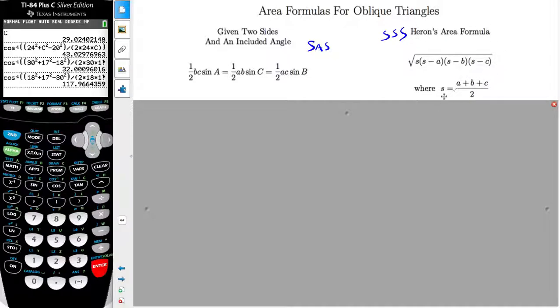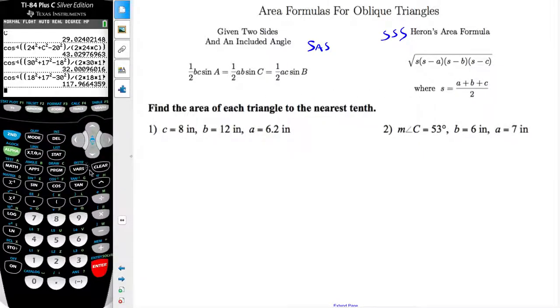Notice Heron's formula has this additional variable s, which is the sum of all the sides divided by 2. So here, if I have sides A, B, C, then s is going to be equal to 6.2 plus 12 plus 8 divided by 2. So that's 26.2 divided by 2, which is 13.1.